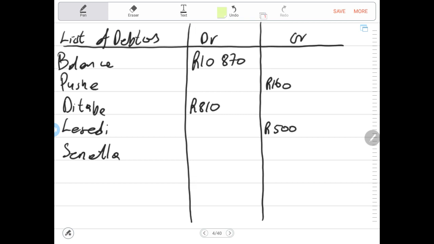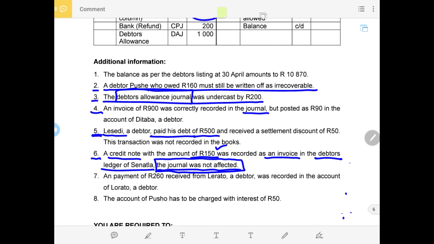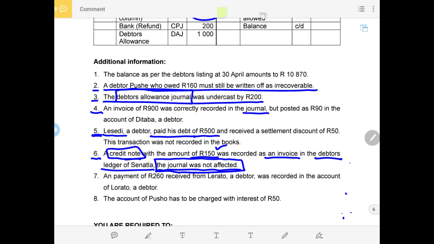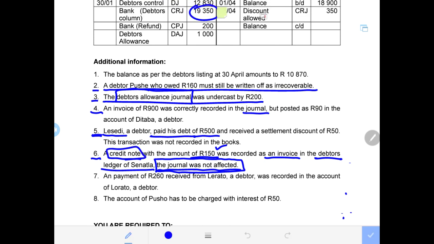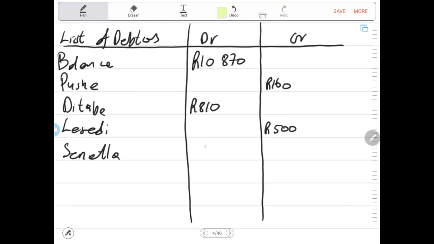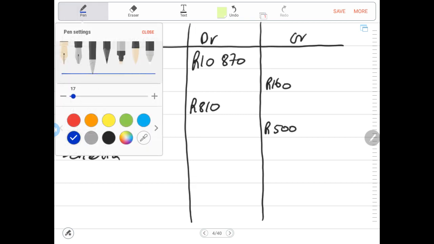This was supposed to be a transaction where it is a return. Remember, I said to you a credit note is a return. Now, if it's a return, which side was it supposed to be recorded? Let me write with a different pen.